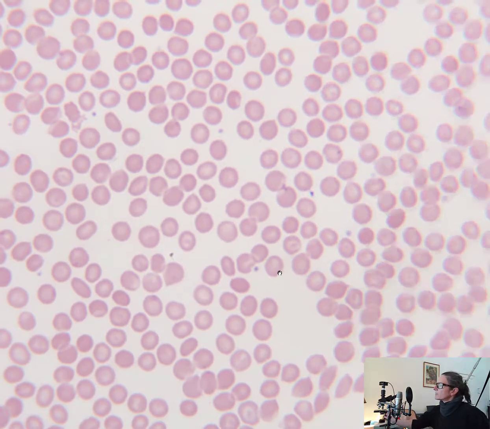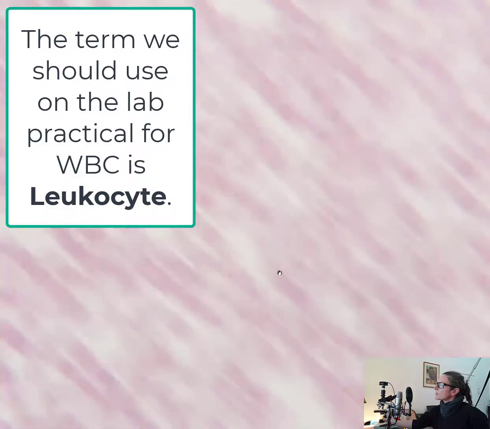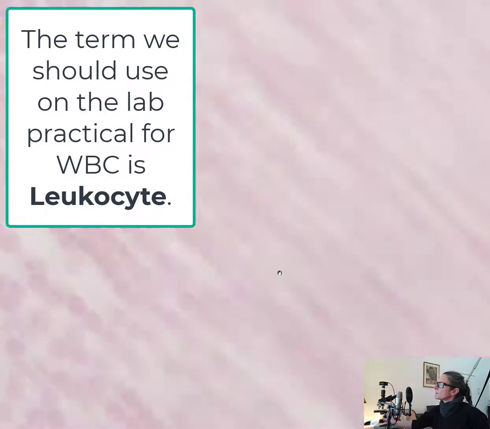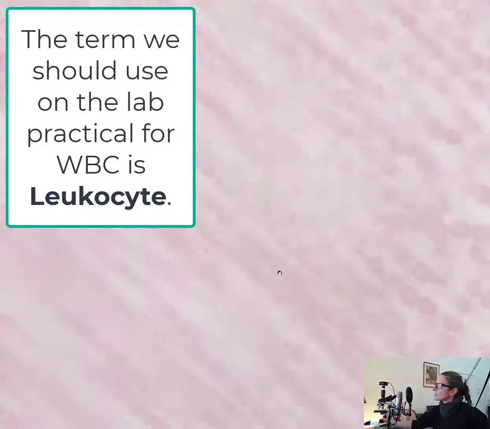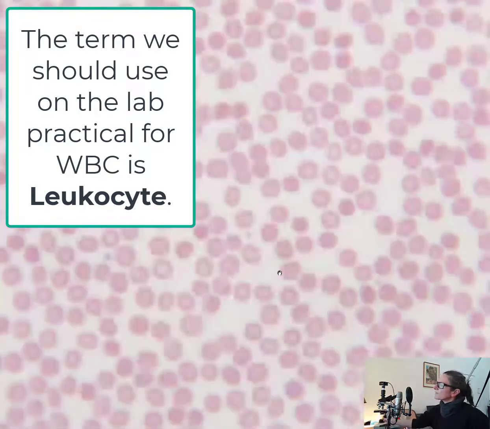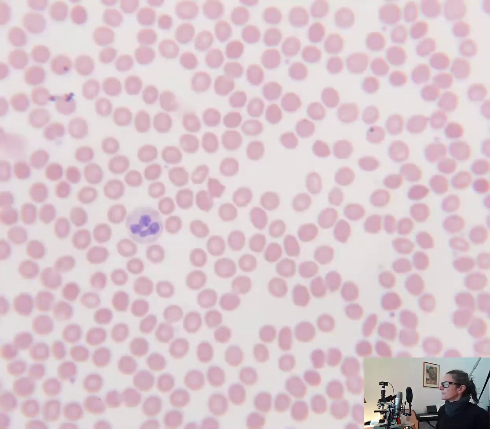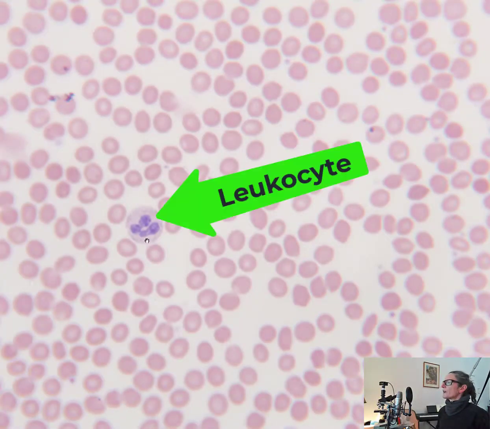If we look around, we'll see that we have some white blood cells too. And these are few and far between compared to the red blood cells. And we saw a nice one earlier, and now I'm just looking for another one. And here we see a really nice white blood cell. And typically they're larger than red blood cells, but not necessarily.